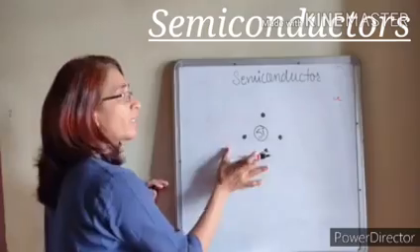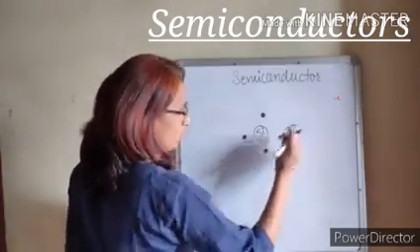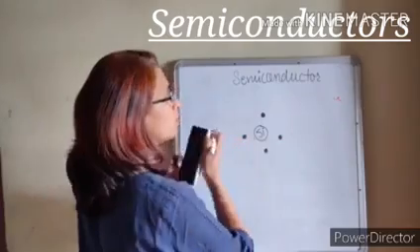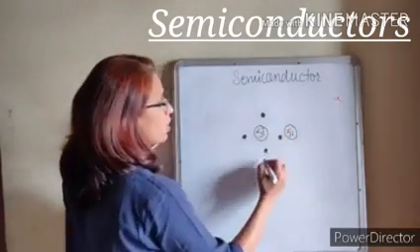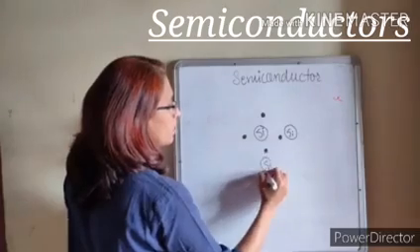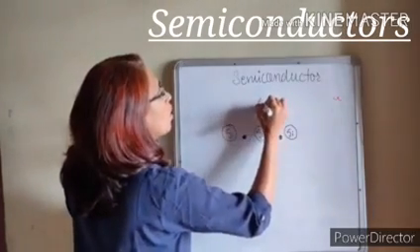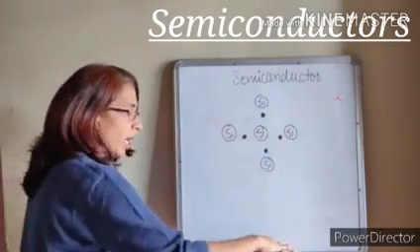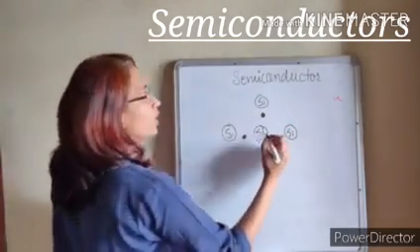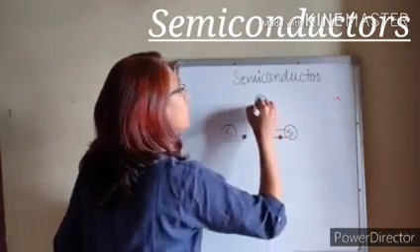The neighboring atom of this, suppose this is one more silicon atom, this is second, this is third, and here is one more. Now here are 5 silicon atoms we can see, and these 5 silicon atoms share electrons with each other.